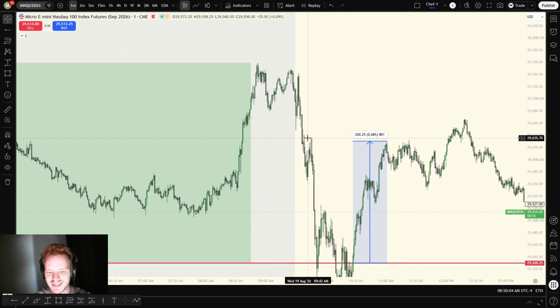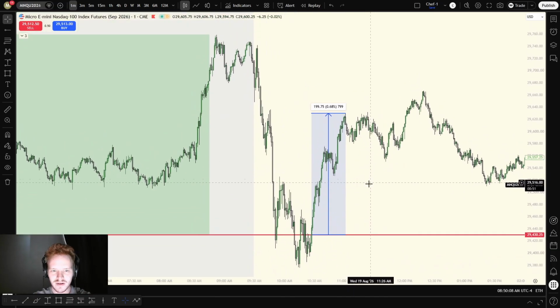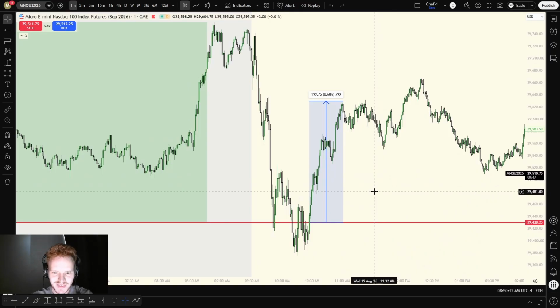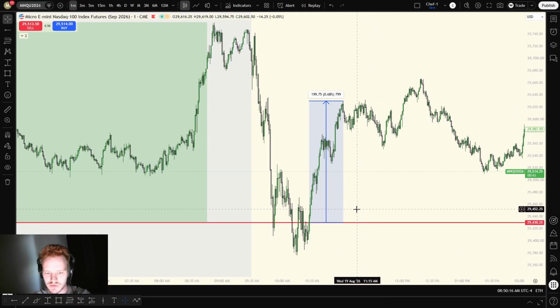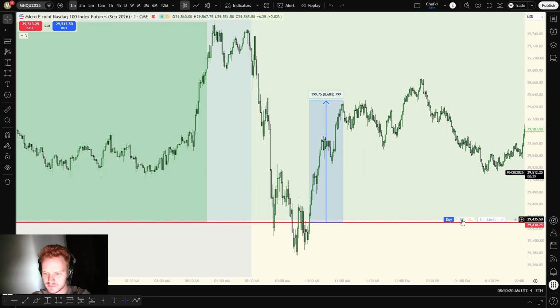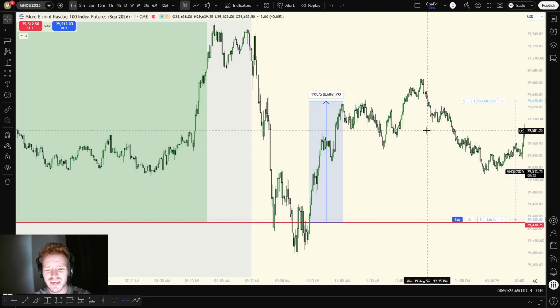You don't even really need to take this high. You just needed to be part of this whole buy program, right? Because look how much price moves. If you entered somewhere within here at this price, so that's where I entered, that's crazy money.